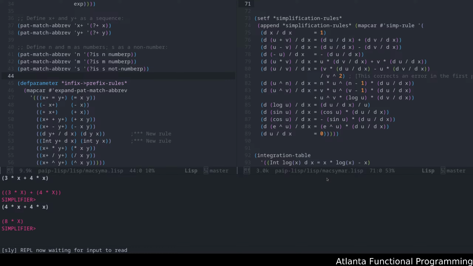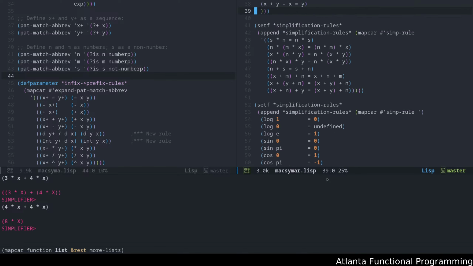But the way it currently stands is because we have this rule that we showed you earlier, this n, not the nm case here. It is n times x.